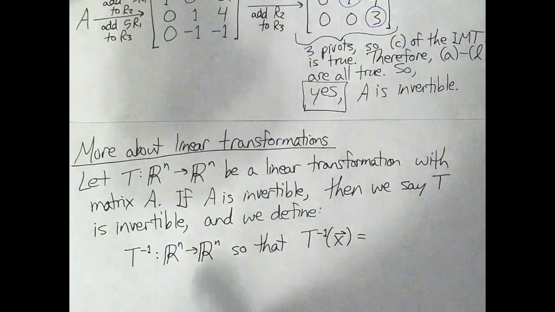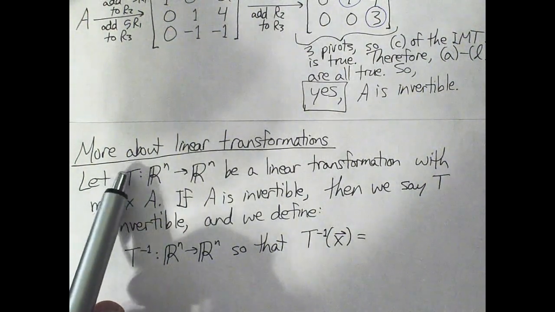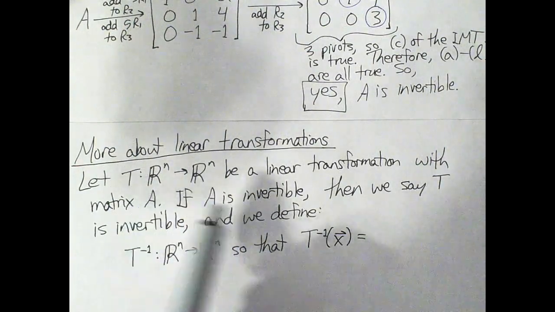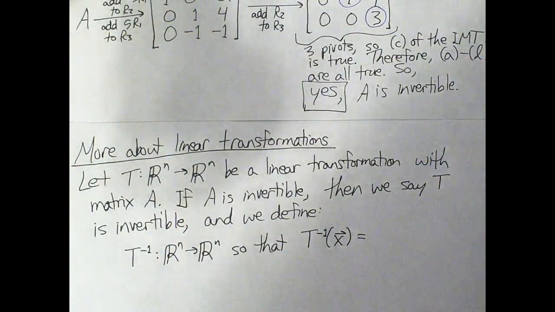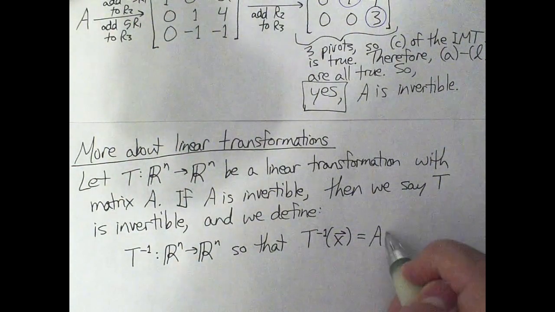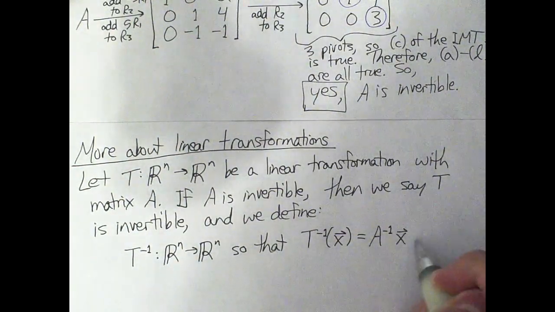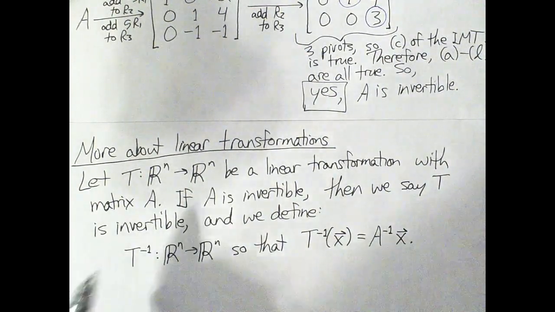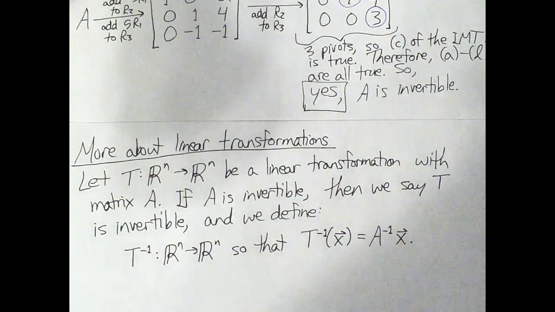I'll remind you that the linear transformation T, you could say T of x equals Ax. T inverse of x is going to equal A inverse x. That's all. That makes sense. So instead of T of x equals Ax, T inverse of x equals A inverse x.